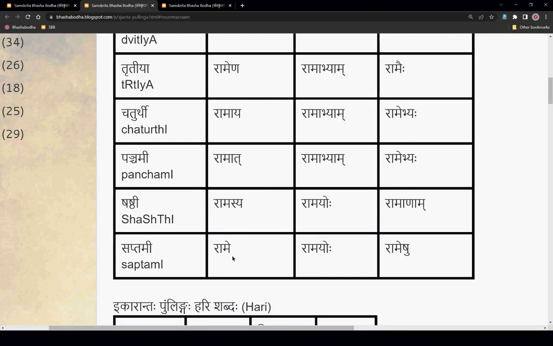Rame, Ramayoho, Rameshu. So we have Balake, Balakayoho, Balakeshu. Asandaha: Asande, Asandayoho, Asandeshu.